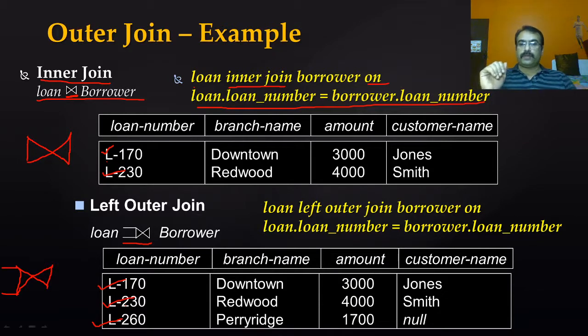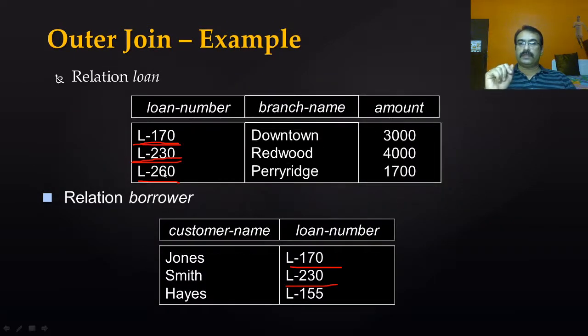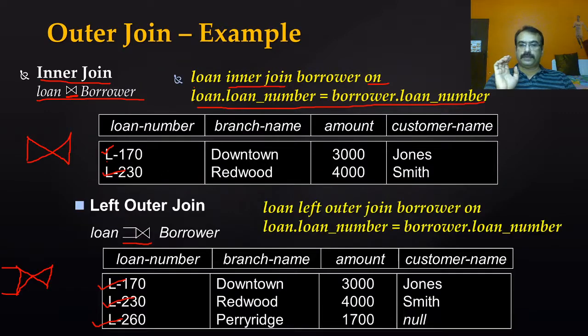What was the left argument? This one. Okay, so L260 is the leftover that is presented. Here you can see L260, its branch name and its amount are presented, but it doesn't have a customer name because we don't have that information in the borrower.